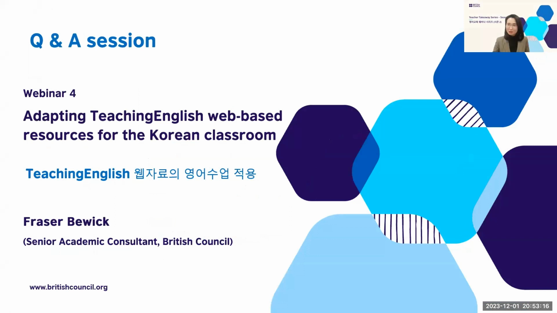The first question is, what is the best score for teaching IELTS? I'm not sure I understand the question. I think the score that students achieve will be based on what they require it for.